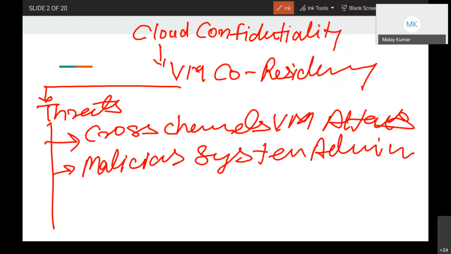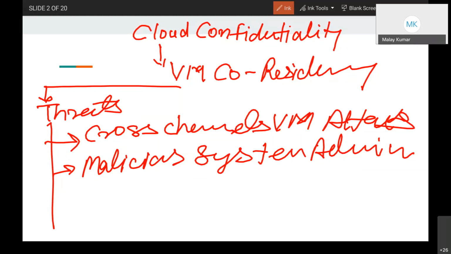Then we saw how to perform co-residency detection using tools like Home Alone, when there is an SLA agreement that two VMs from two different clients will be executed on two isolated servers. Then there are trusted cloud computing platforms that we discussed, and also the activity of a malicious system admin. All that we discussed in cloud confidentiality.